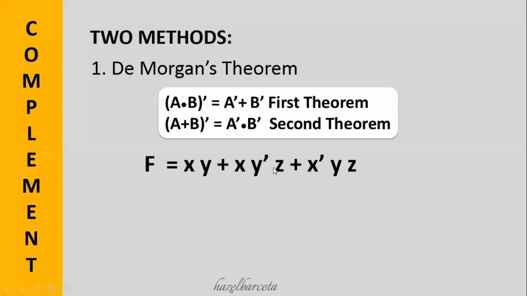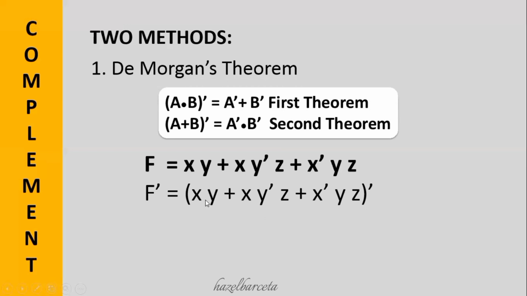Para makuha po natin ang complement, so f is equal to f prime, then enclose po natin sa parentheses, lagyan natin ng apostrophe. So, first, ayan, prime. Then, what's next? Dito po, di ba po, ito ay plus. So, let's assume xy will be a, xy prime z is b, and this is c.